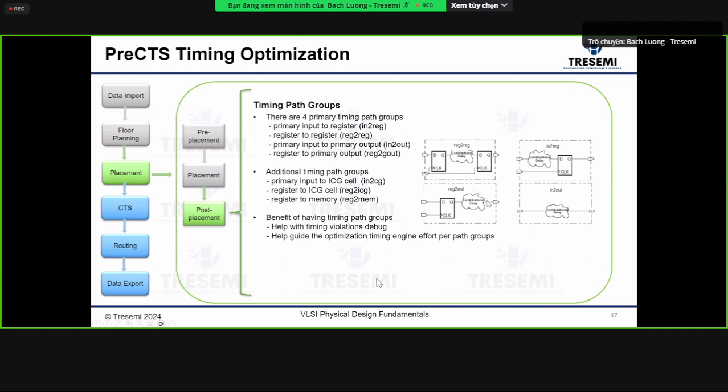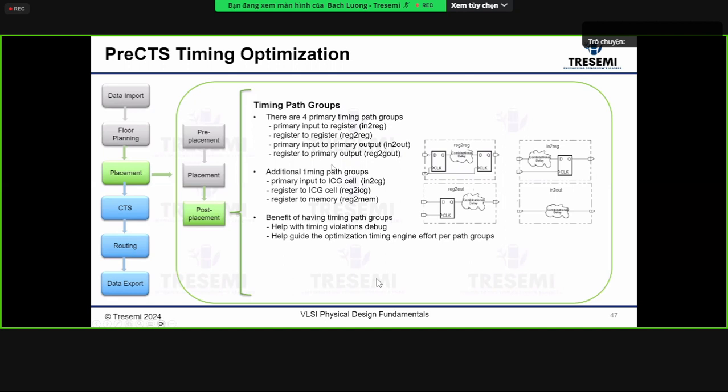Then in to reg, from a primary input to the D pin of a flop. And in to out, where the logic goes straight through combinatorial logic to the output with no register in between. These are the primary four.